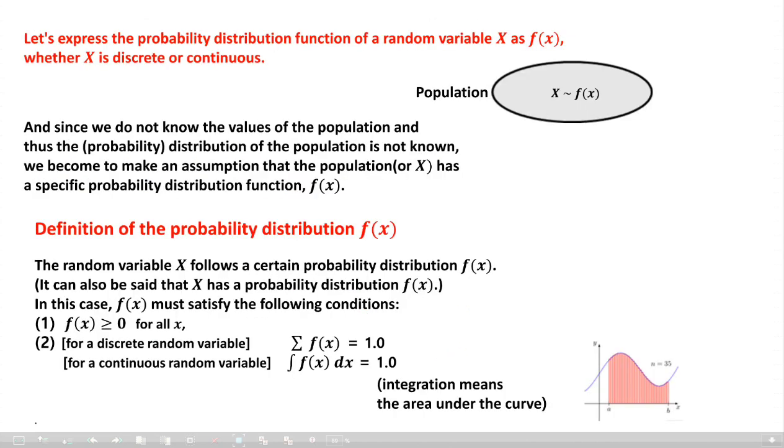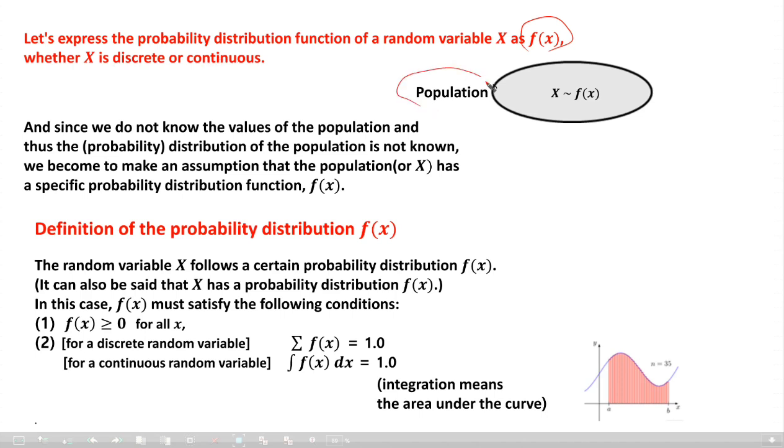Let's express the probability distribution function of random variable x as f of x, whether x is discrete or continuous. Sometimes some textbooks distinguish the name of f of x: when discrete, probability mass function; when continuous, probability density function. But it is of no use.